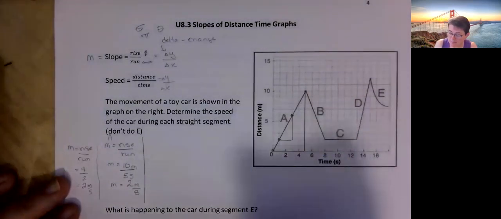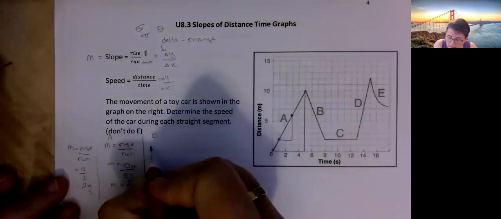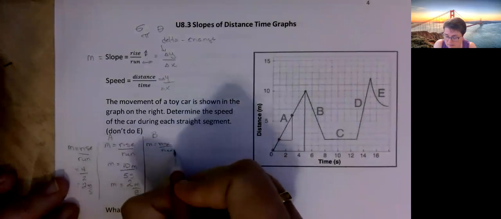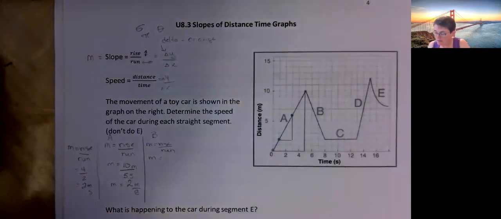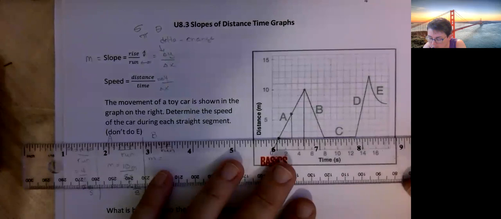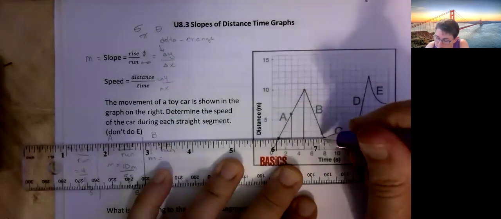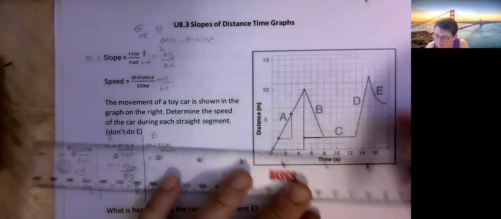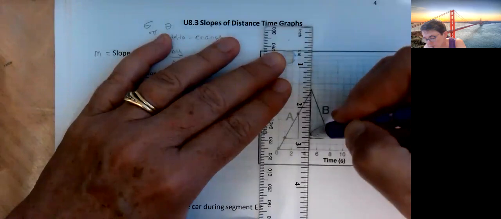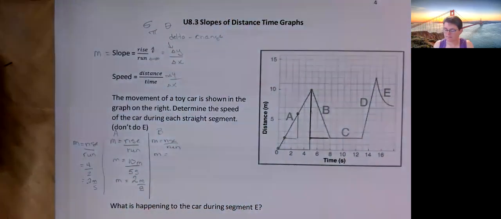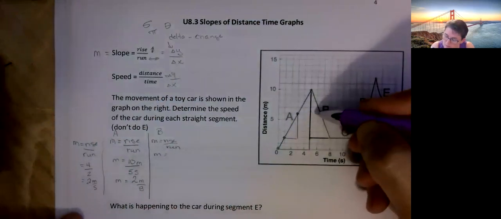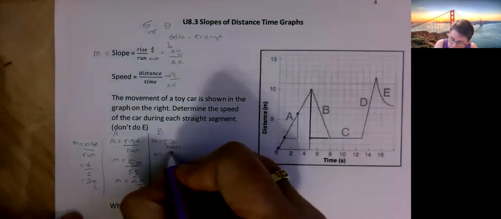All right, let's do the next part. Let's go to B. And m is equal to rise over run, my slope. I'll use a pen this time. So we went up 1, 2, 3, 4, 5, 6, 7, 8 boxes.